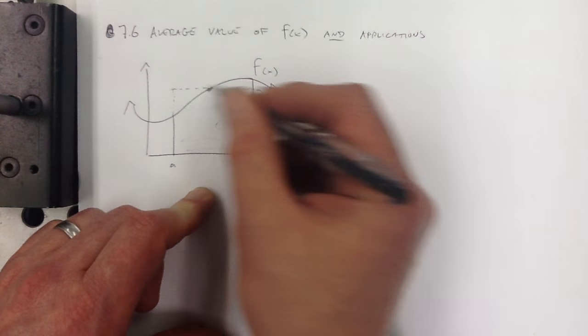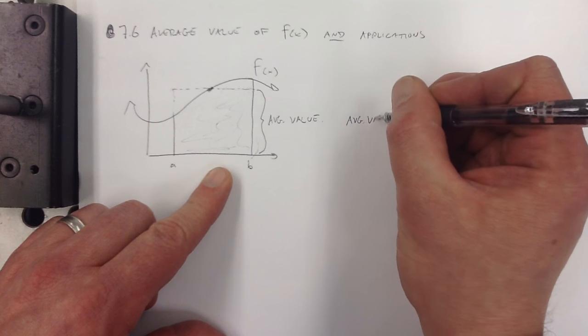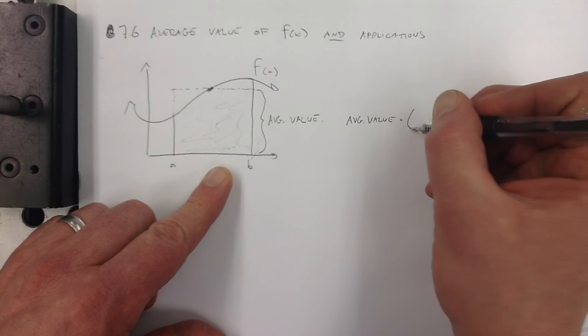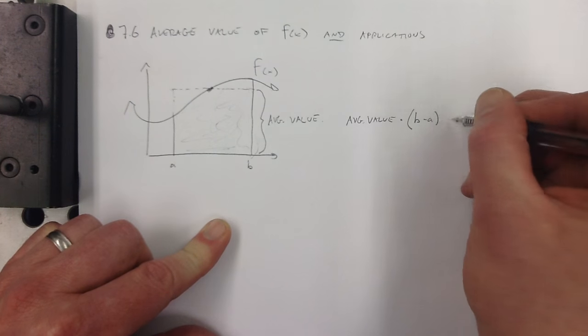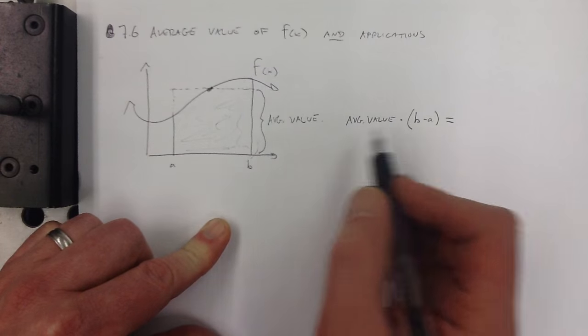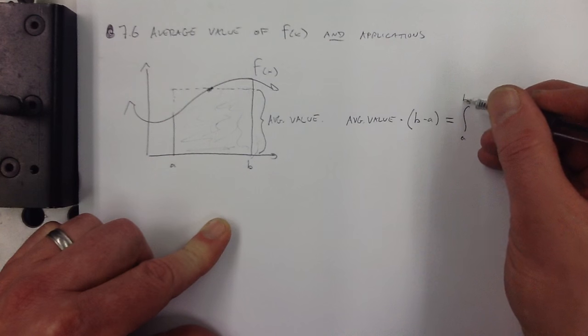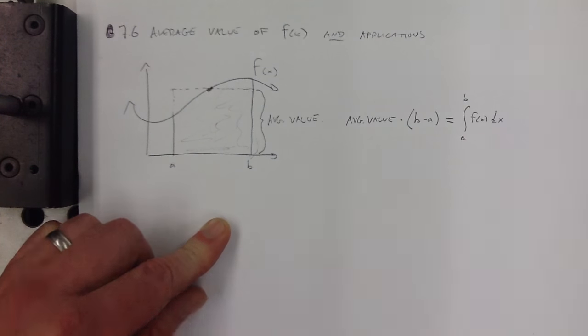What is the area of that rectangle? Well, the area of that rectangle is the height of the rectangle, which is that average value, times the width of the rectangle, which would be b minus a. And we want that rectangle to have the same area as the actual area. Of course, we represent that like that.